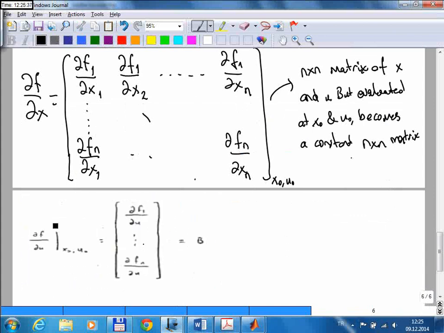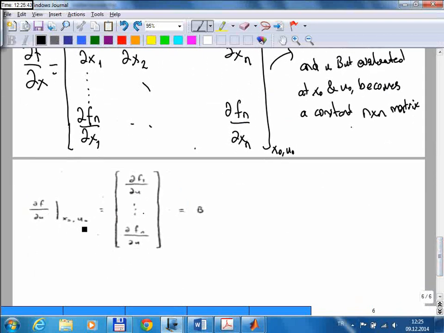So this partial derivative with respect to u becomes a vector. If you have a single input, then you have to differentiate all these n functions with respect to u.